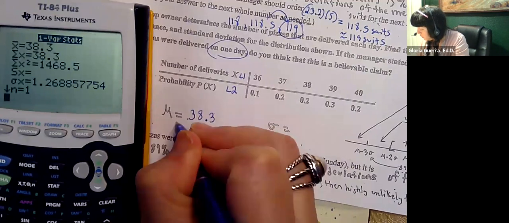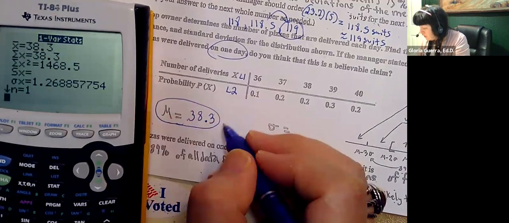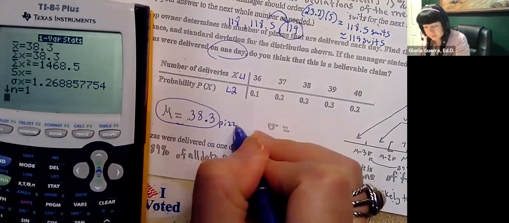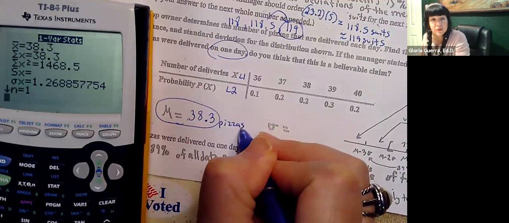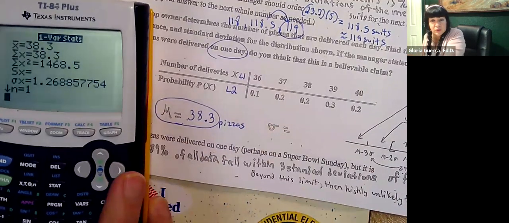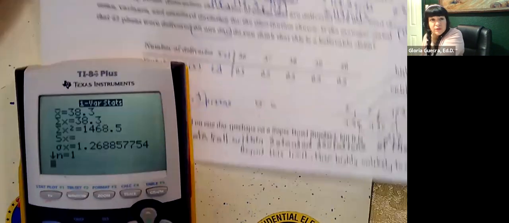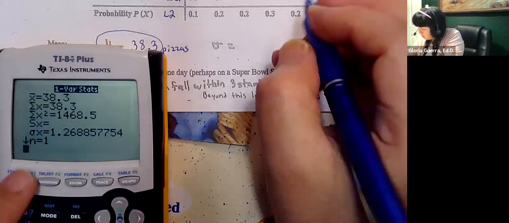So you don't have to round that off. This is not really units, but I can put pizzas if you want. Okay, standard deviation is, see all of this here.